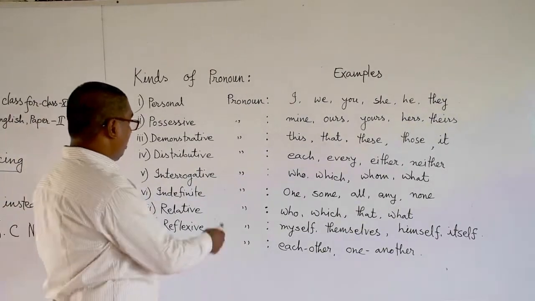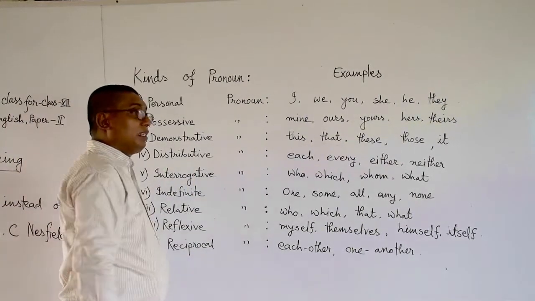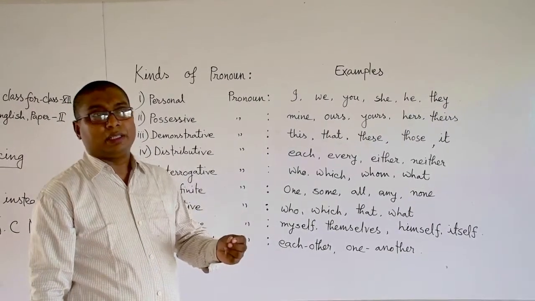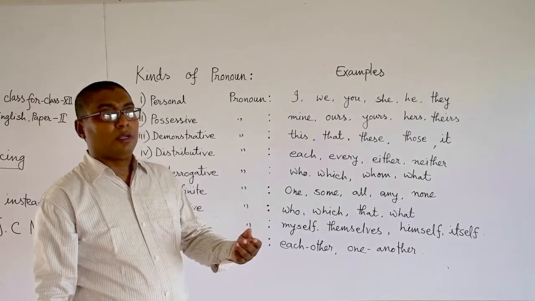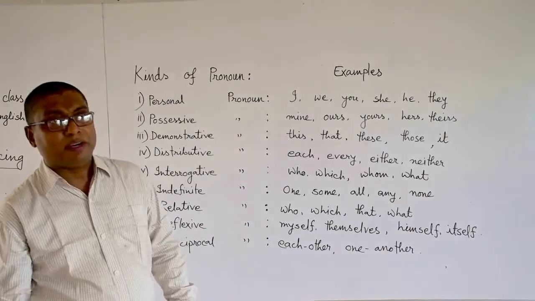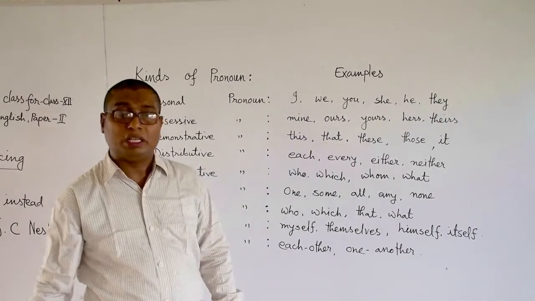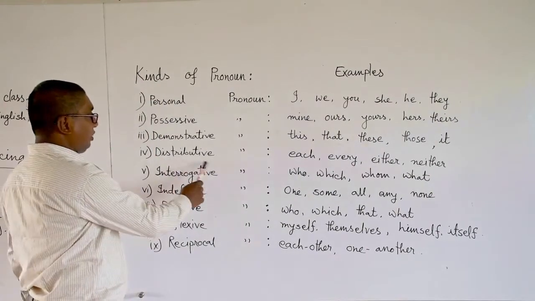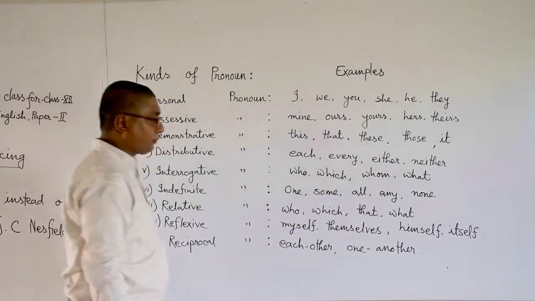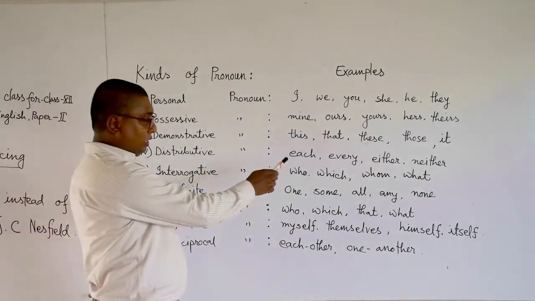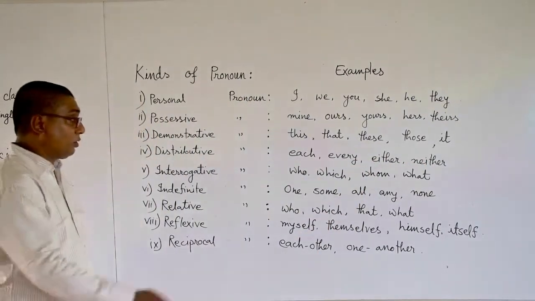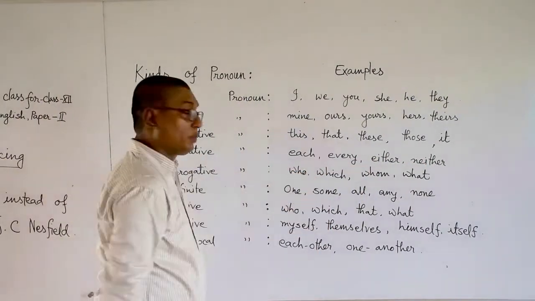It means individually a person or thing, maybe many in number but indicated individually, such as each, every, either, neither. And you should remember that they are all singular because they indicate individually, not for the whole.